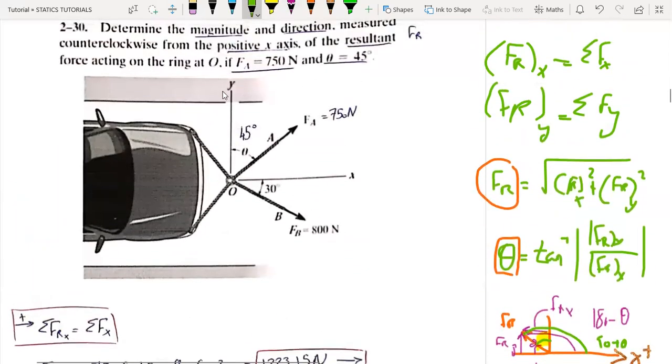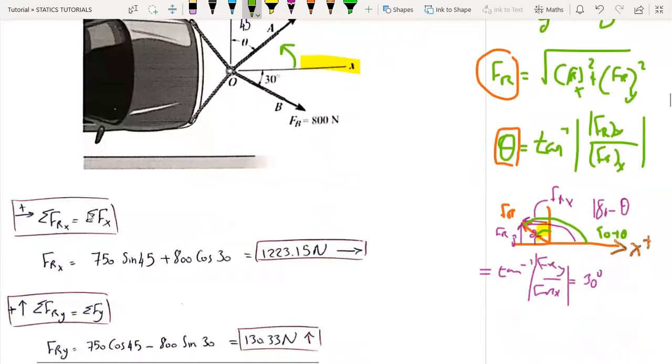So here in our problem, determine the magnitude and direction measured counterclockwise from the positive x-axis. So here is our reference datum, and the angle will be from this axis of the resultant FR force acting on the ring at O, if FA equals 750 newtons and theta equals 45 degrees.